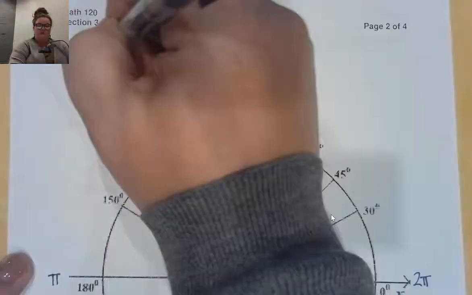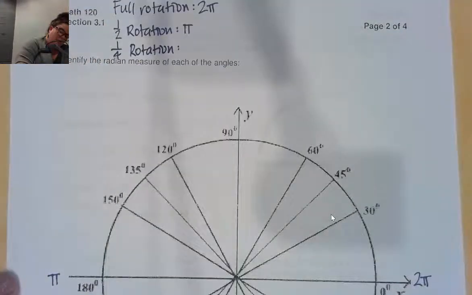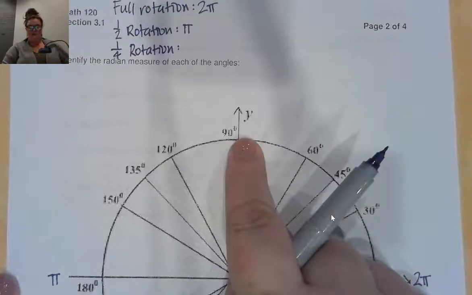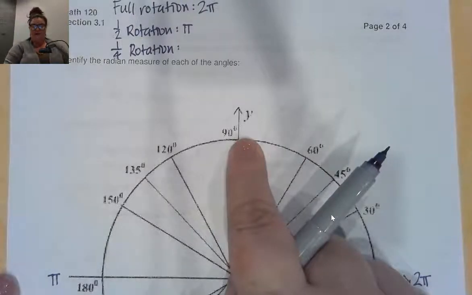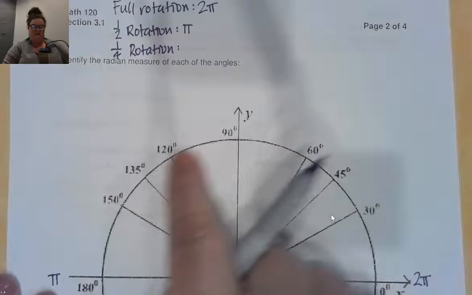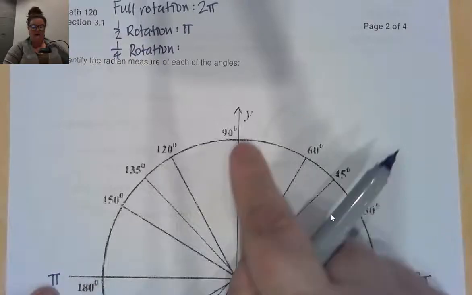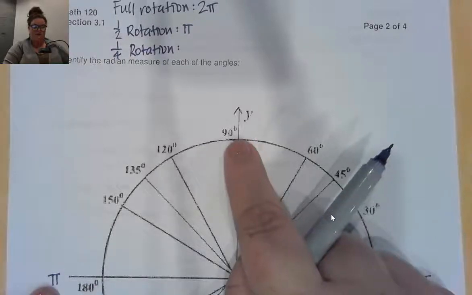We started with a full rotation, then we broke it down into a half rotation. Now let's look at quarter rotations, or 1/4 rotation. In other words, what I'm talking about is going up here to 90 degrees. That's a quarter of a way around the circle. So if I go to 180 degrees, that's pi radians.